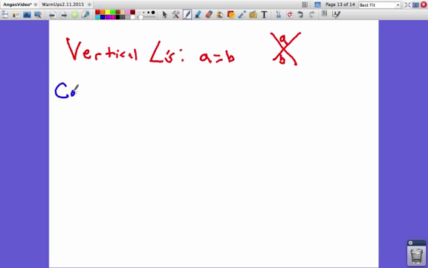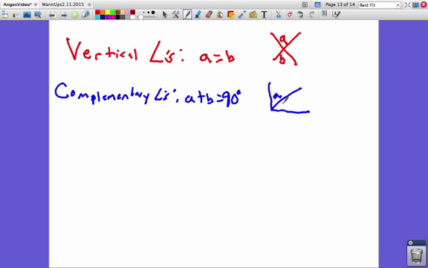Complementary angles: A plus B equals 90 degrees. So I've got a right angle, I split it. Here's A, here's B. These two angles add to equal 90. And finally, supplementary angles.